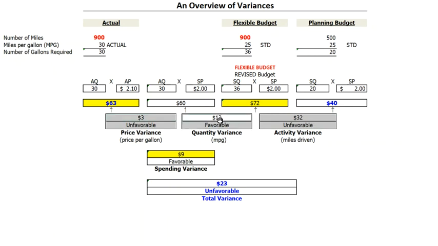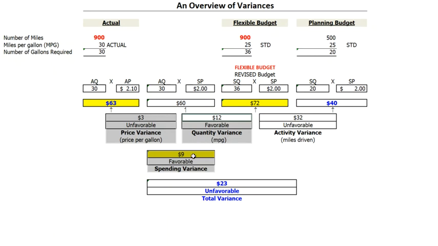And 35 minus 12 gives us the $23 total unfavorable variance. Our spending variance of $9 was composed of two components: a $3 unfavorable variance, which offset part of the $12 favorable quantity variance.